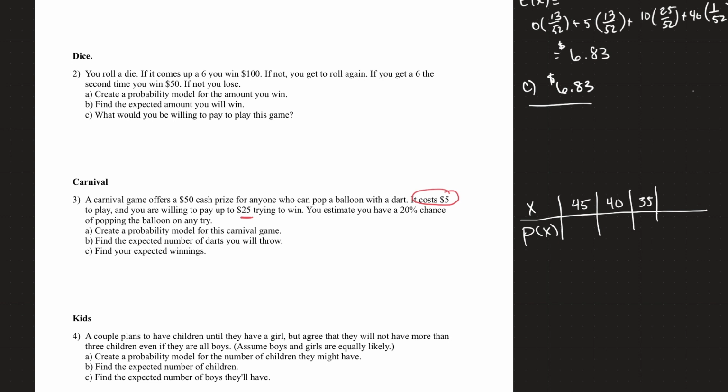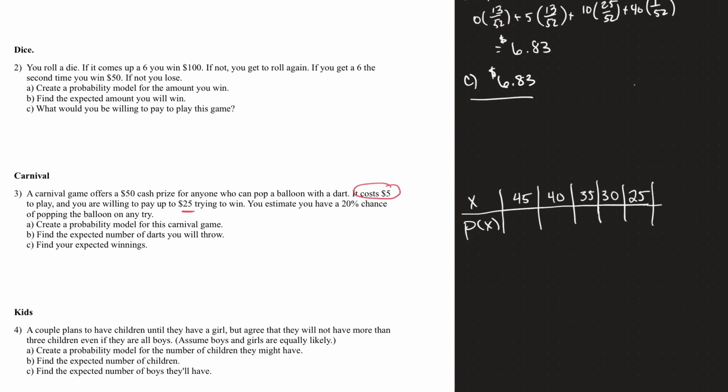Now I'm willing to spend up to $25, right? If the darts cost $5 at a time, then I'm only going to be willing to pay for 5 darts. So 30, and then 25, and then at the end, I'm actually going to be at negative $25 because there's a chance that I actually missed the balloon the entire time, right?